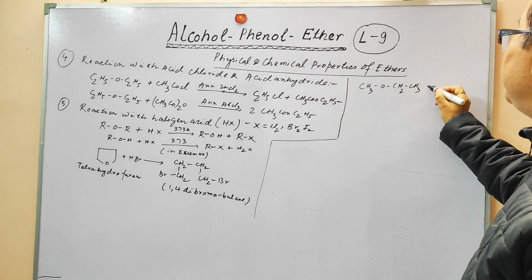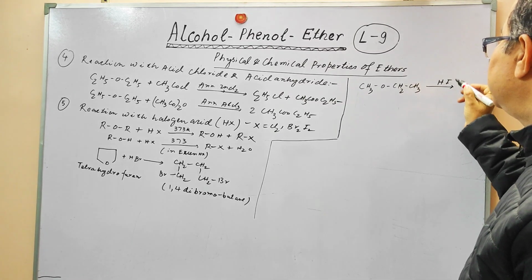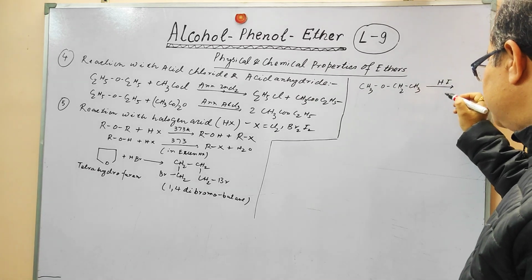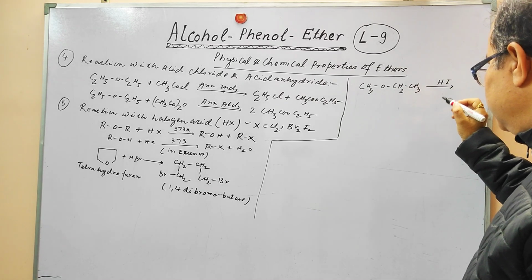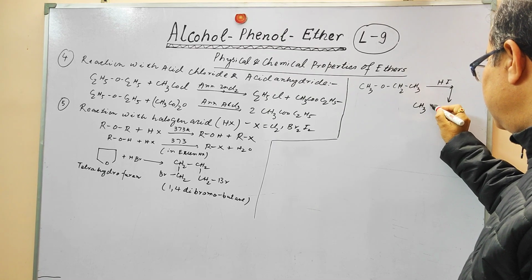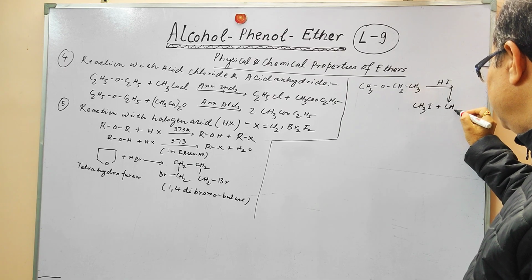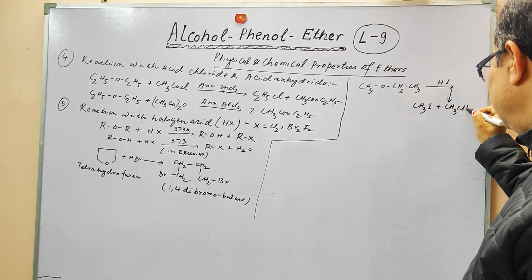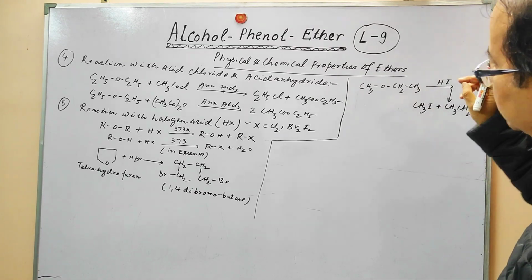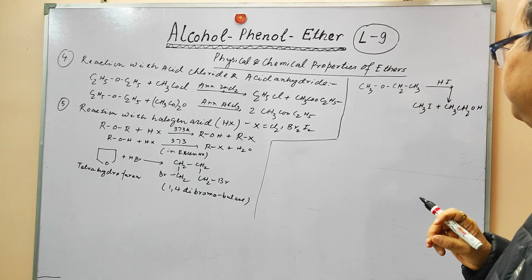When we react it with HI, the halogen acid, it is going to produce alkyl halide and alcohol. And this reaction goes on as per the SN2 mechanism.